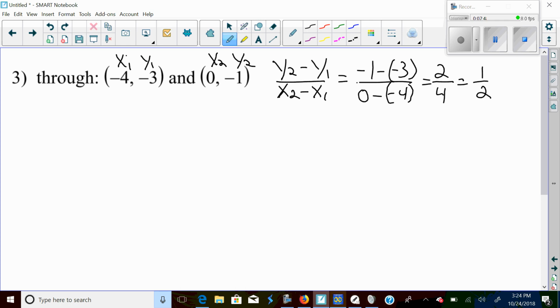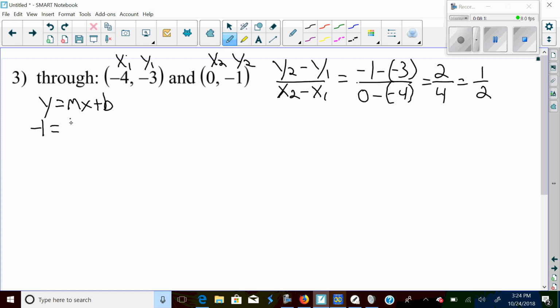Now all I gotta do is plug it in. y equals mx plus b. And I decided to use this point. It's always good to pick the point that's easiest to work with. And since this has a 0, that's going to make it extremely easy. So I'm plugging these values here. All right, so y is going to be -1.